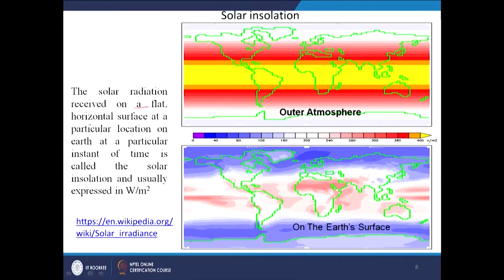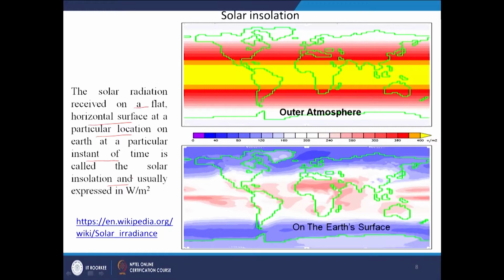So, the solar radiation received on a flat horizontal surface at a particular location on earth at a particular instant of time is called the solar insolation and is usually expressed as watt per meter square. The solar constant was also watt per meter square, and insolation is also watt per meter square.